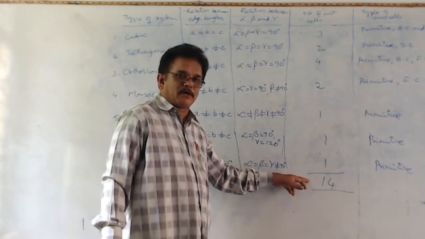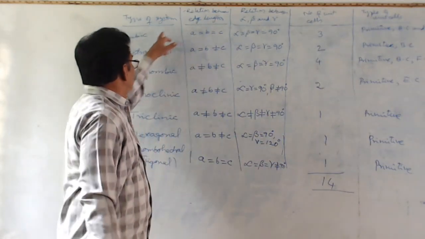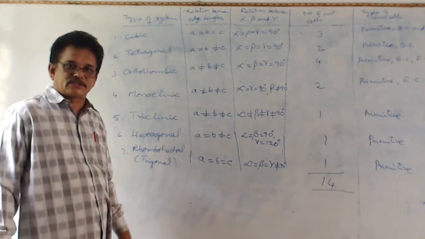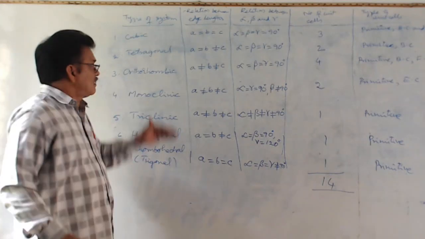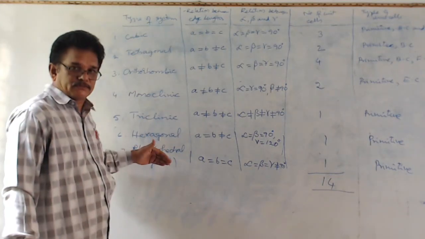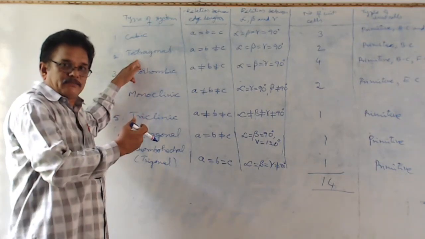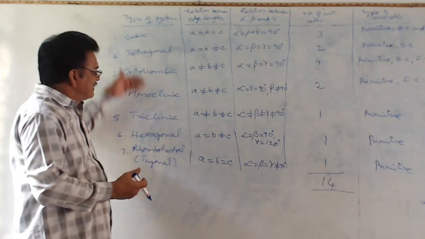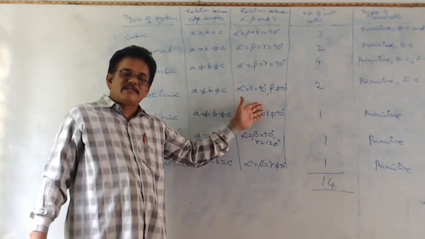These 14 Bravais unit cells fall into 7 types of systems. So these are the 7 types of systems. If you remember the order of the types of systems, like cubic, tetragonal, as I wrote in the order, you also try to remember in the same order. Then these will become easy to remember.